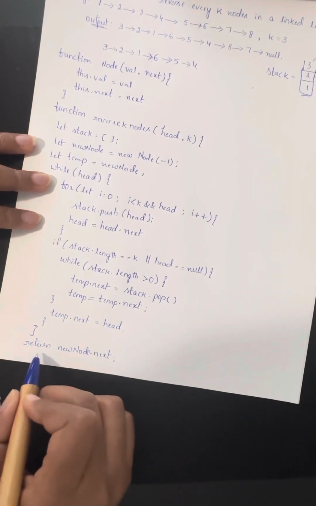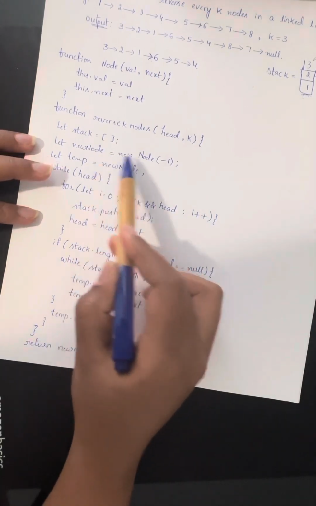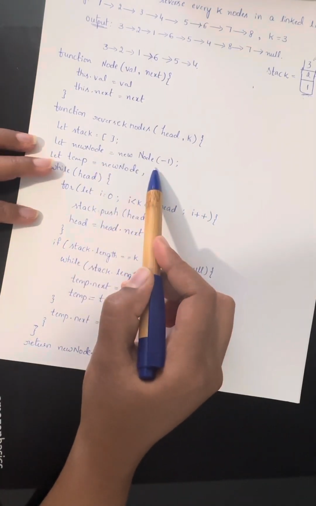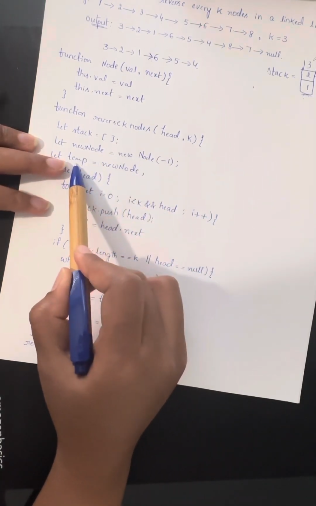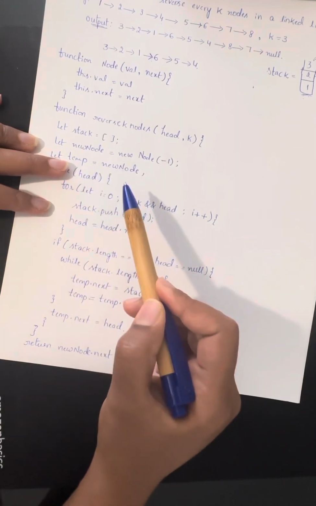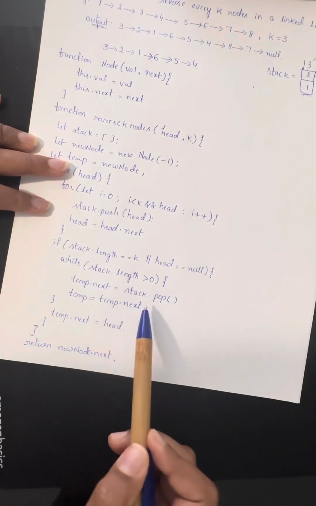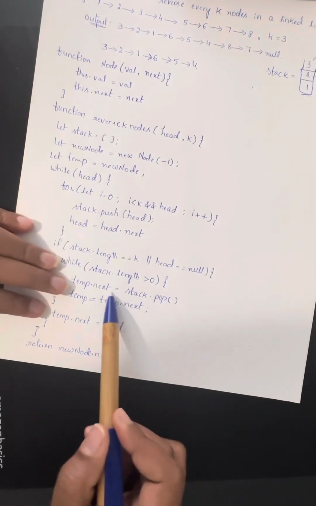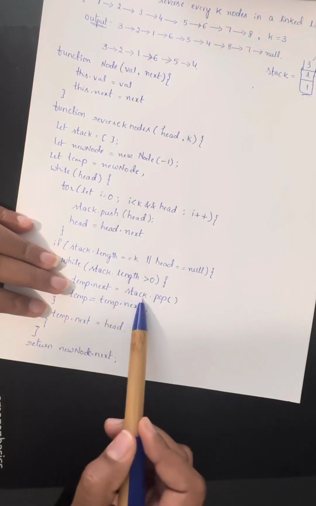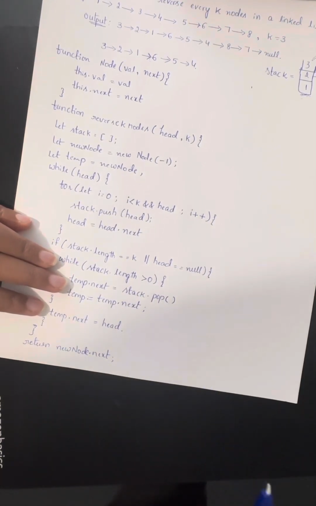In the new node we have the dummy node, and we are making temp equal to this new node, and from temp dot next we are starting. We are making temp dot next point to these nodes after reversing them.